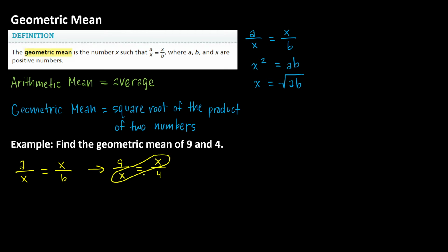So you're going to be multiplying x by itself always to find the geometric mean. So now I'm going to cross multiply, and I get x squared is equal to 9 times 4, which is 36. And so the square root of 36, the positive square root, is 6. The geometric mean of 9 and 4 is 6.